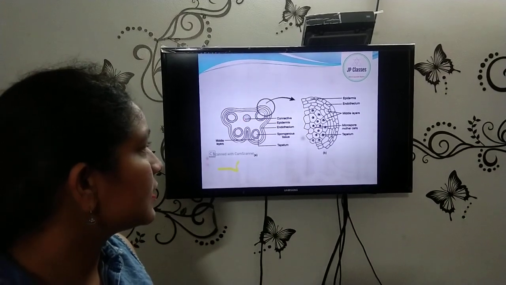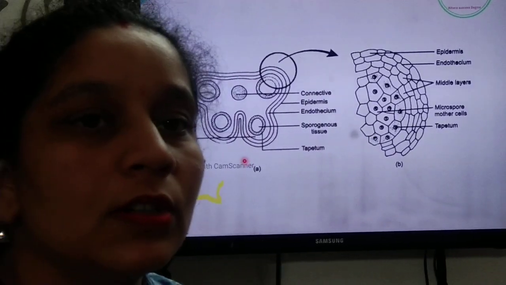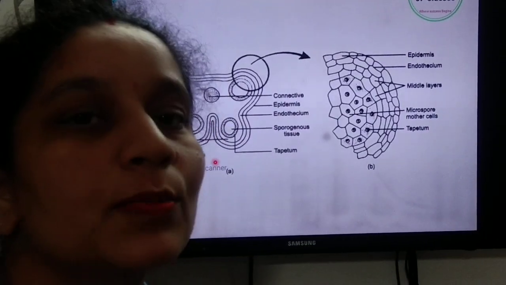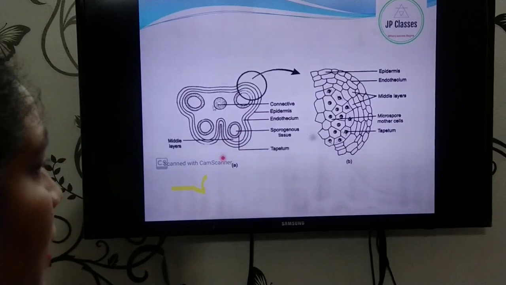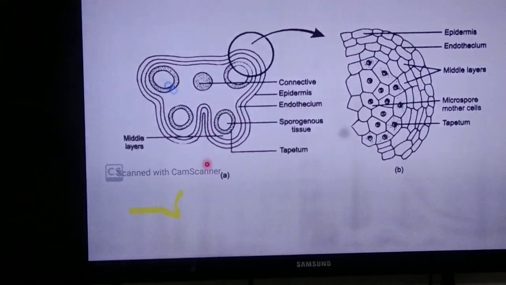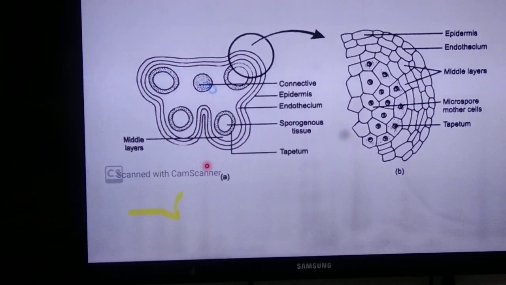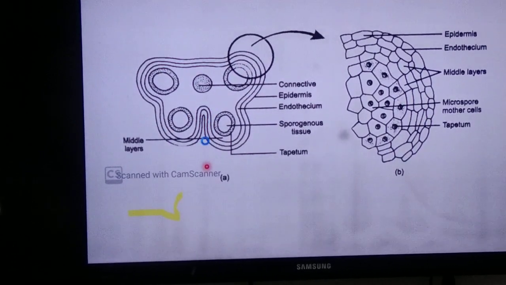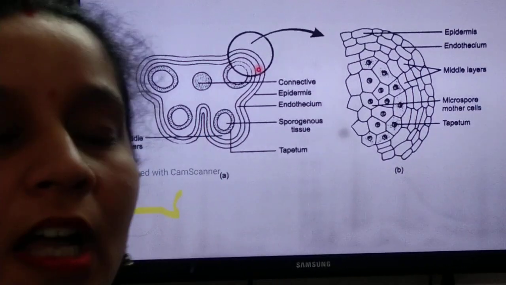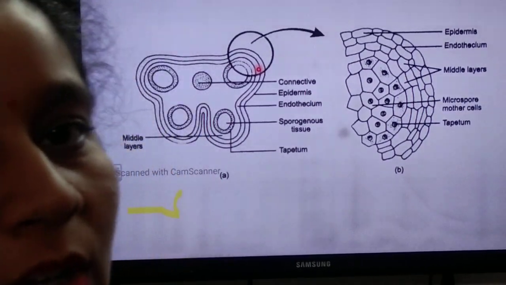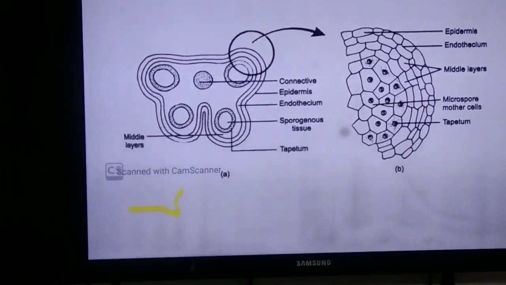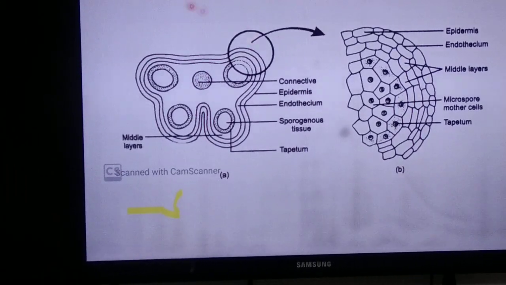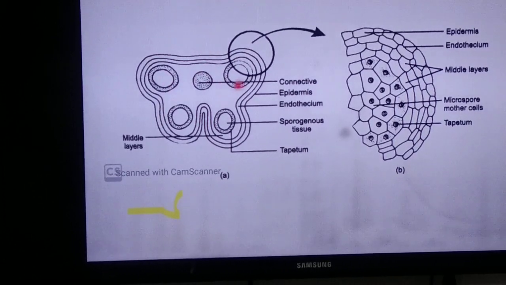After this you can see these 4. Now I want to bring your attention to the most important thing. What is Microsporangia? Actually you can see here in this diagram, in the anther you can see these 4 oval or somewhat spherical shaped structures.